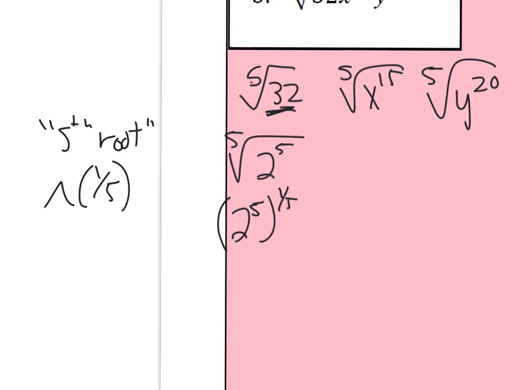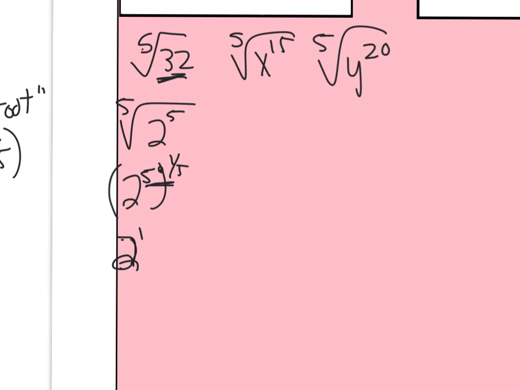And if I follow my rules of exponents, power to a power, I multiply those two things. 5 times 1/5 is just 2 to the 1st, or just 2. So if I follow that same rule here, x to the 15th raised to the 1/5, that's like saying 15 times 1/5. Another way to say this would be, this is just x to the 3rd.